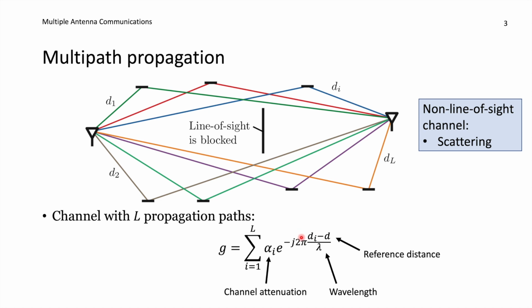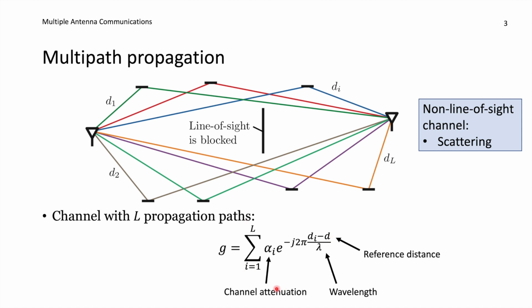Each path is represented by di, which is the length of the path, and that is determining how long time it takes for the signal to make it from transmitter to the receiver, minus d, which is a reference distance. So the receiver is sampling its received signal at a particular time, and when the reference distance is d, a path that has exactly the length d will be perfectly synchronized at the receiver side. But di minus d divided by the wavelength is telling us what will be the phase shift of that component.